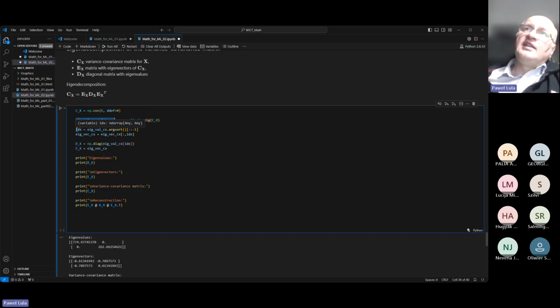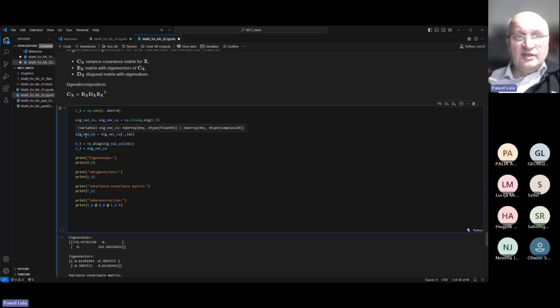After that, I sorted the eigenvalues. I changed the order of the eigenvalues because I want to have them in descending order. Corresponding changes I also perform on the eigenvectors. I also change the columns in this matrix with eigenvectors.